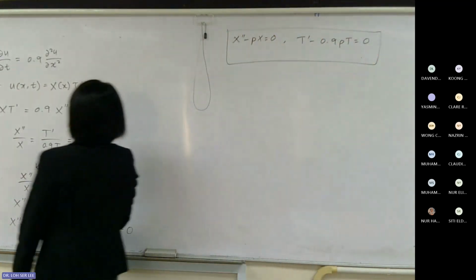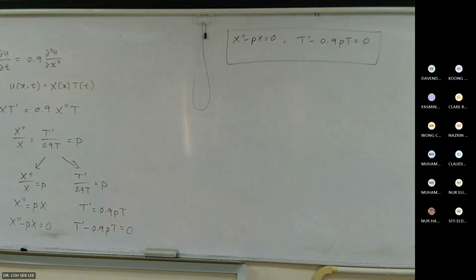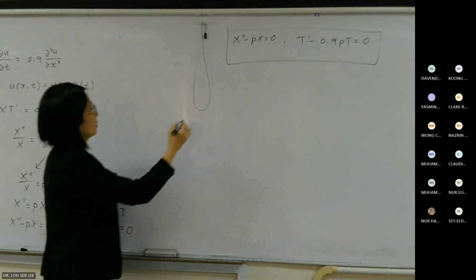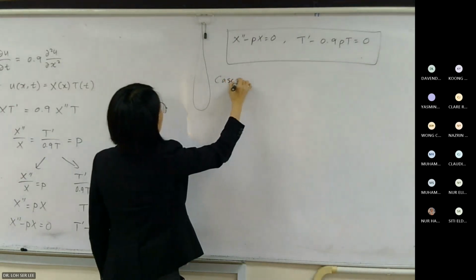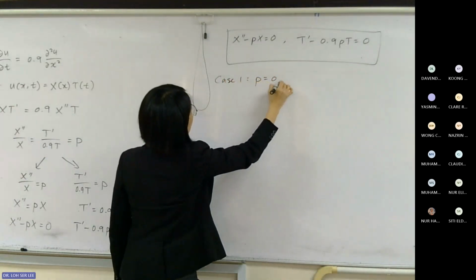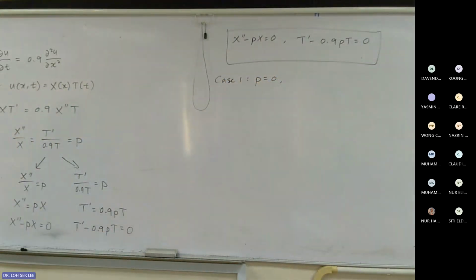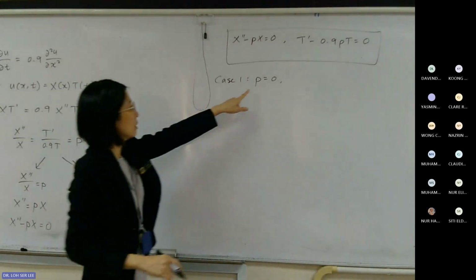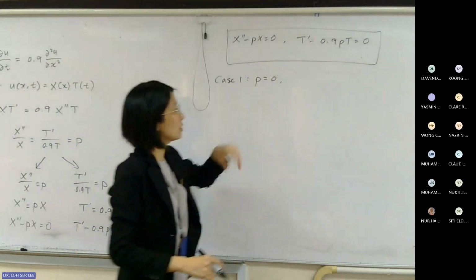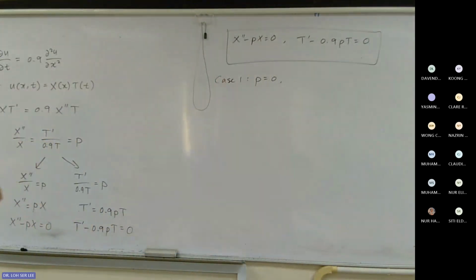So we have these 2 ODEs. Now we will start from case 1, where p equals 0. You substitute p equals 0 into these 2 ODEs and solve the second order and first order ODEs separately, find X and T, and finally combine X and T to get the final solution u.